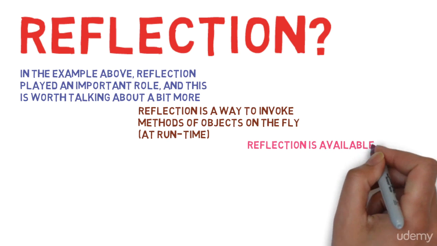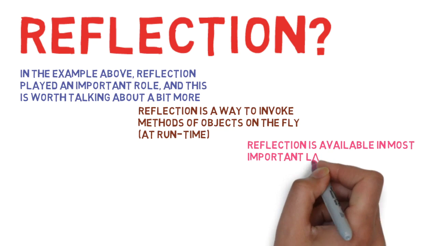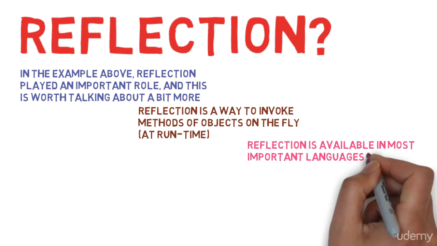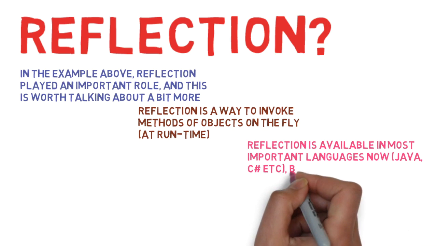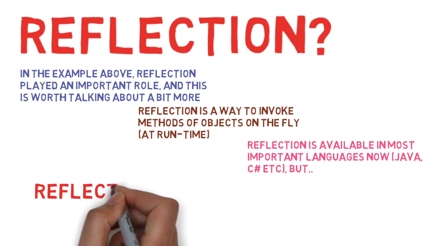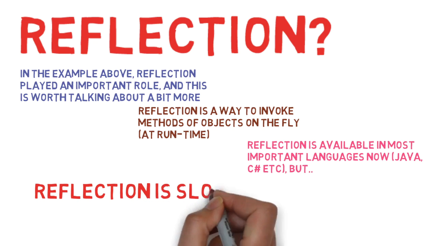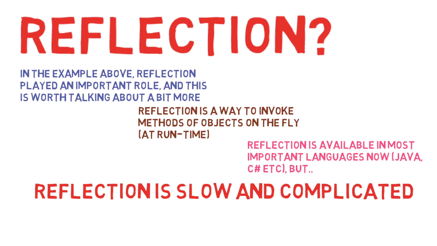Reflection is available in most important languages now, Java, C#, etc. But it's very, very important to know that reflection is slow and complicated. Using reflection in your program means that your program takes a huge performance hit. A method call via reflection can take 10 times longer than usual.